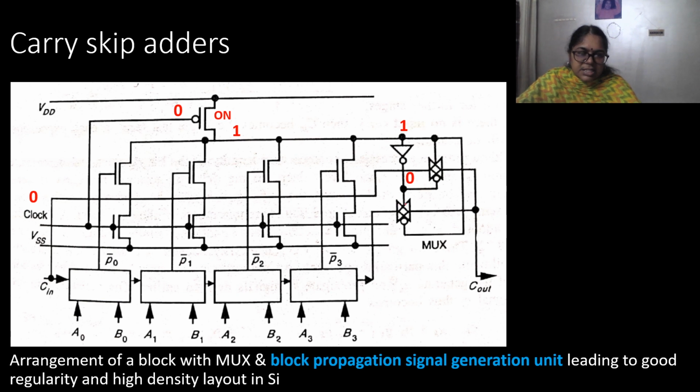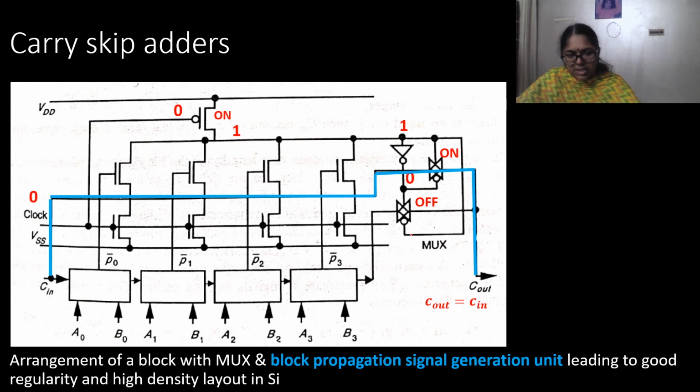Similarly, the second transmission gate, 0 is given to the gate of NMOS and 1 is given to the gate of PMOS. So this transmission gate is off. So the transmission gate which is on will pass its input signal to the output signal. So the input signal given to this transmission gate is Cin.